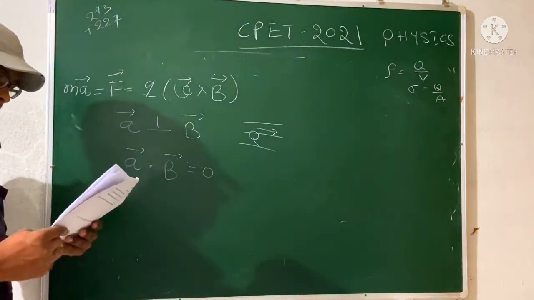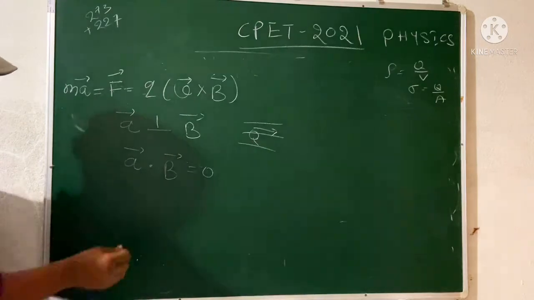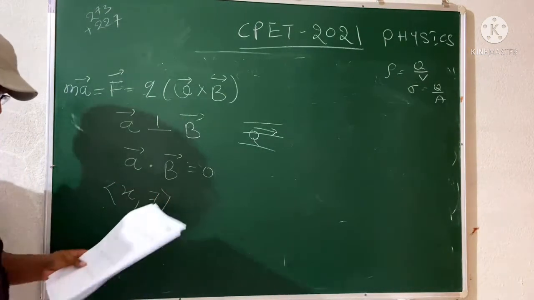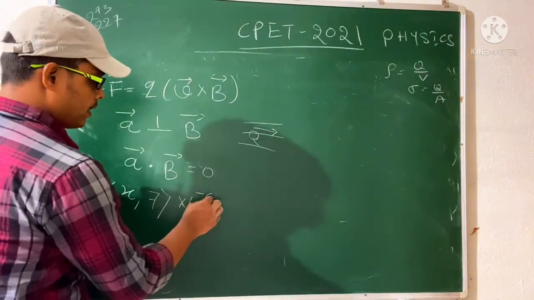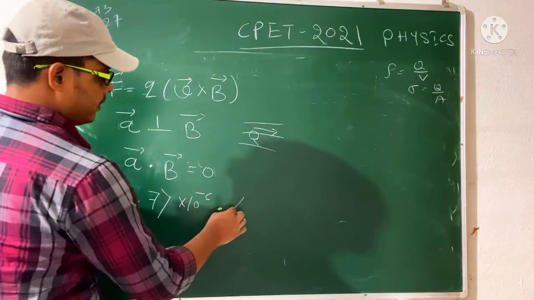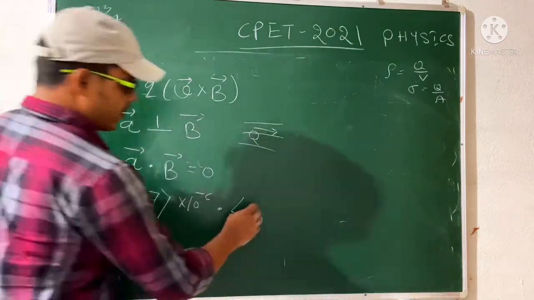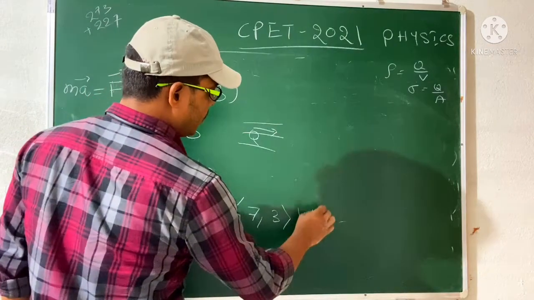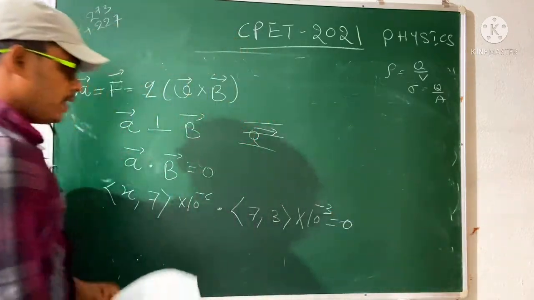Okay, so the acceleration is given as x, 7, which we multiply by 10 to the power -6. Then the magnetic field is given as 73 into 10 to the power -3, so this one is 0.